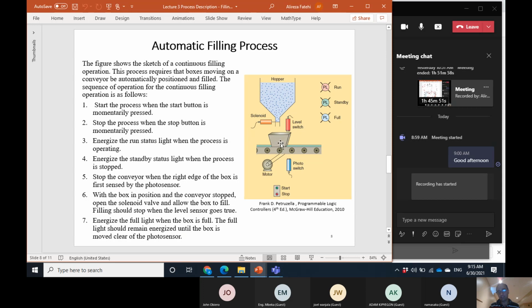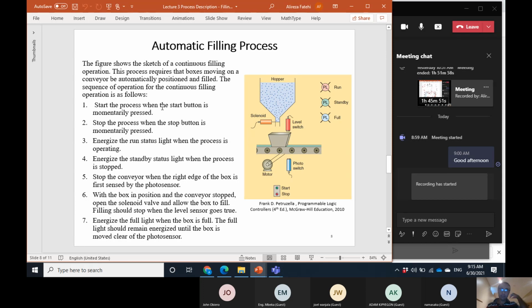When the photo switch senses that there is a box here, the conveyor stops, then the hopper solenoid valve opens, and the material drains on or fills the box. When the box is sufficiently full, the level switch senses that there is sufficient material in it. In that case, the valve should be closed, and then the motor starts to move the box to clear the space for the new one.